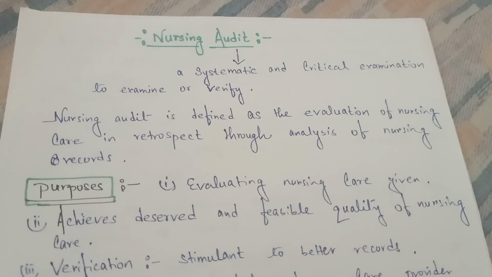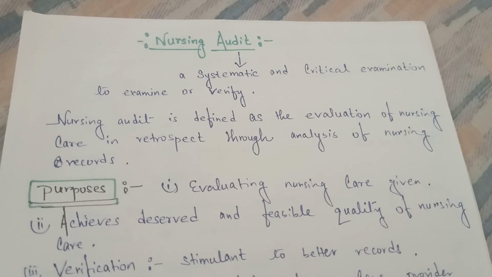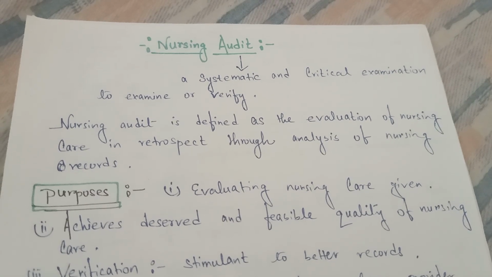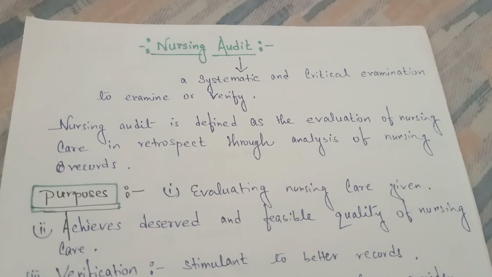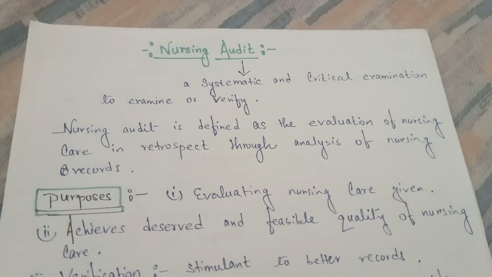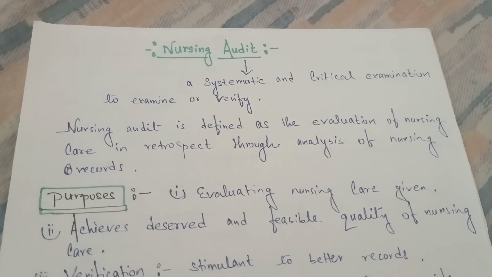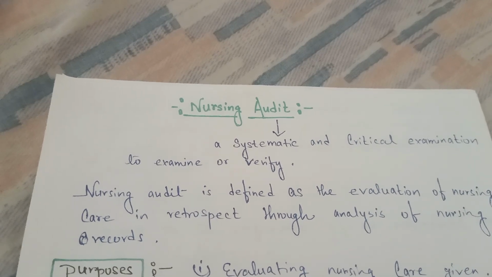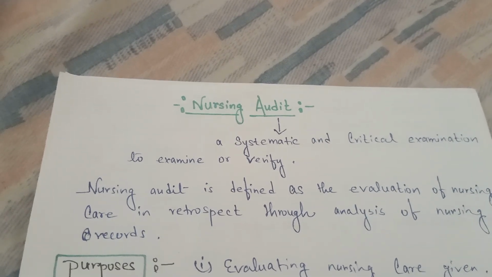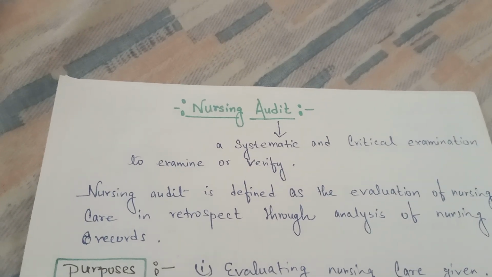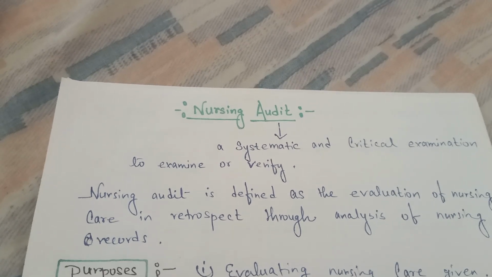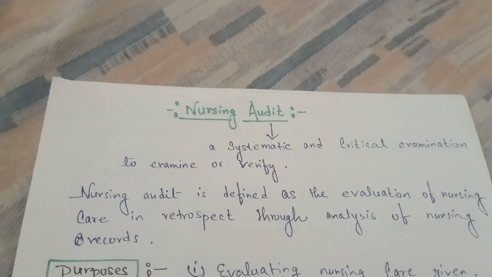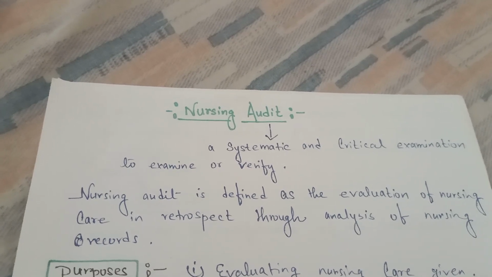So it is a process of collecting information from nursing reports and other documented evidence about patient care and assessing the quality of care. So nursing audit actually is a detailed process of evaluating the quality of nursing care through the review of clinical records, because it's a systematic and critical examination.